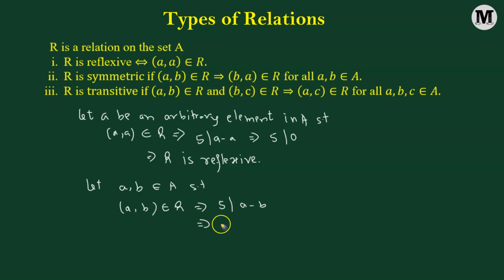Now if 5 divides a minus b, in other words we can also say that a minus b is going to be a multiple of 5. So here we can simply represent it as 5 times lambda, where there exists some lambda belonging to the set of integers such that a minus b equals 5 times lambda.